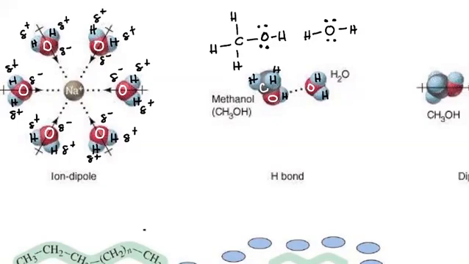Now, in this case, the reason why methanol and water can actually combine and make a solution, as you can see, is because of H bonding. If you look at methanol and you look at water, they have hydrogens that are bonded to quote unquote FON elements.